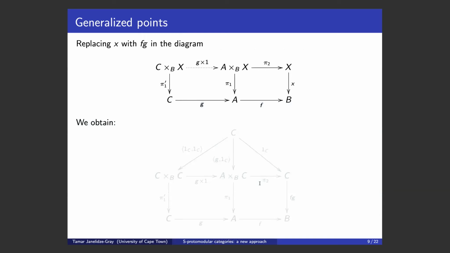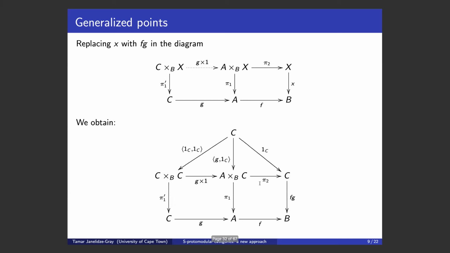Now, if we take this pullback diagram and replace x with the composite fg itself, in other words we take the kernel pair of fg, we obtain the following diagram. Because we replaced x with fg, we end up with pi2 being a split epimorphism. Why? Because we take c and go into a using g, and from c to c we of course have the identity morphism.